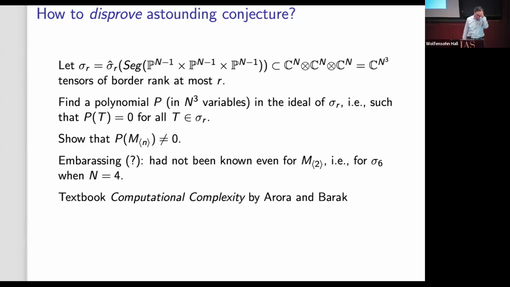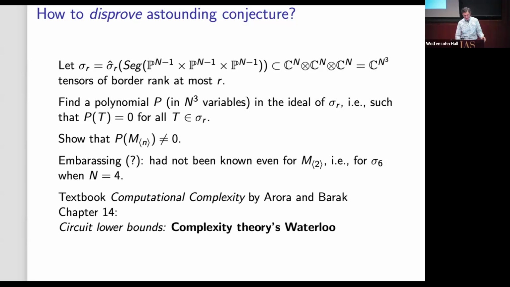Well, as I've been learning some computational complexity, the standard text that I've been learning from is Arora and Barak. And chapter 14 of their book is called Lower Bounds for Complexity Theory's Waterloo. So maybe it's not that embarrassing after all. Any questions?